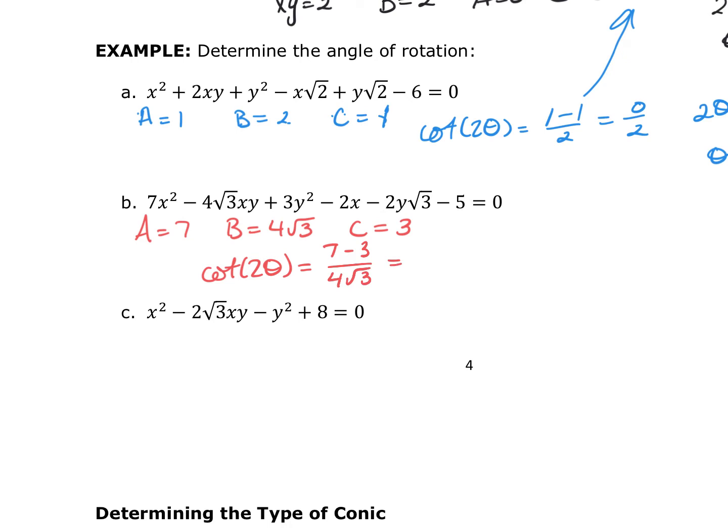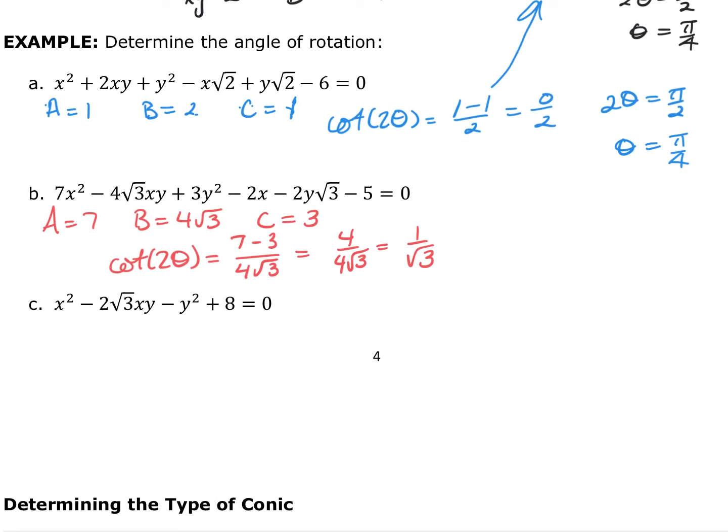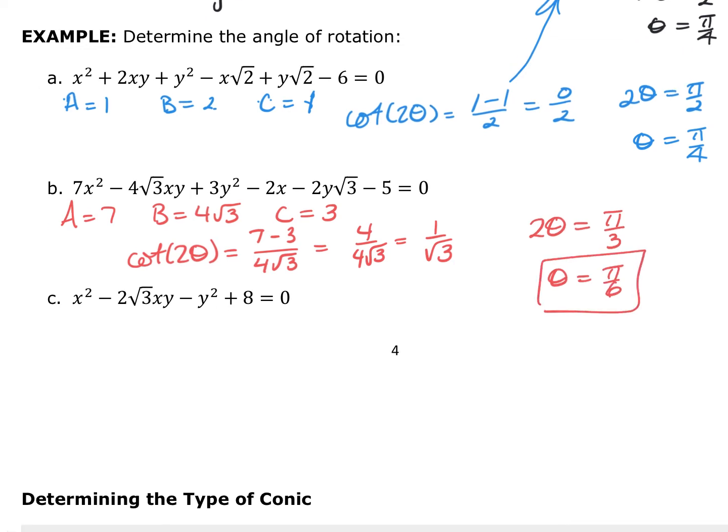So this gives me 4 over 4 square root of 3, which is 1 over the square root of 3. Now I look on my unit circle for the ratio in which the x value over the y value gives me 1 over the square root of 3. That happens when 2 theta is equal to pi over 3. And so my angle of rotation is pi over 6.